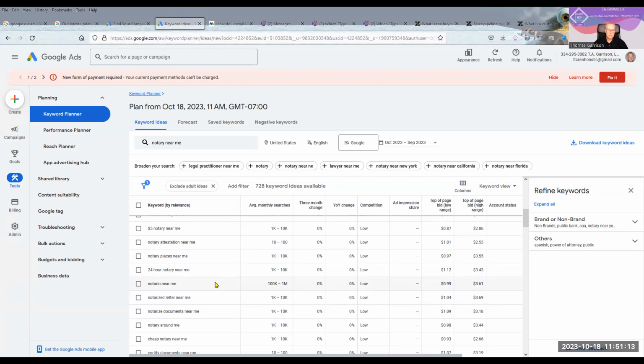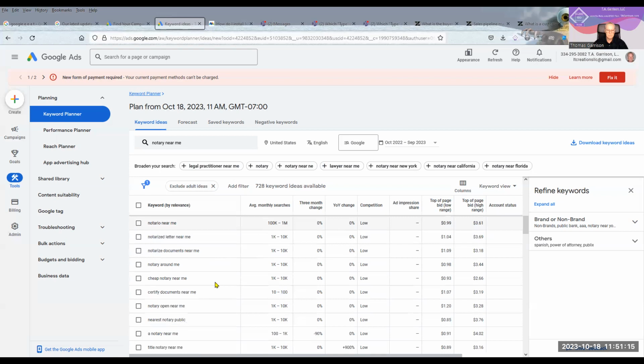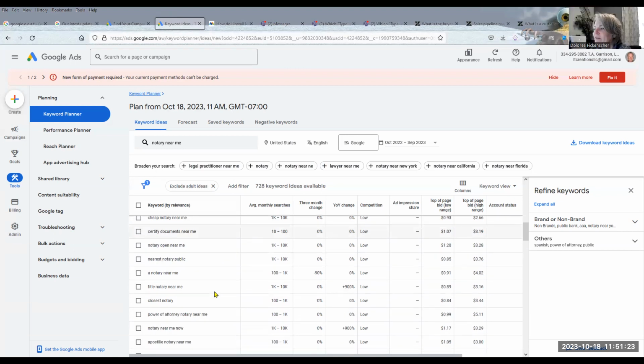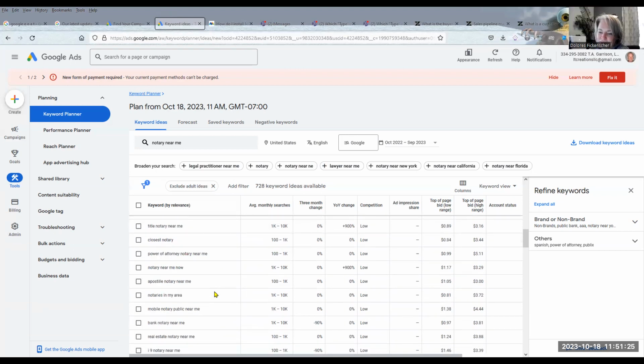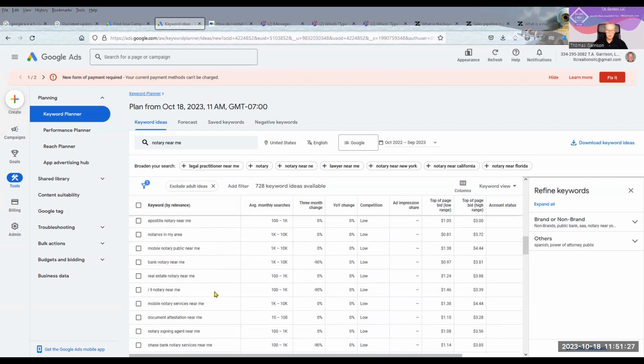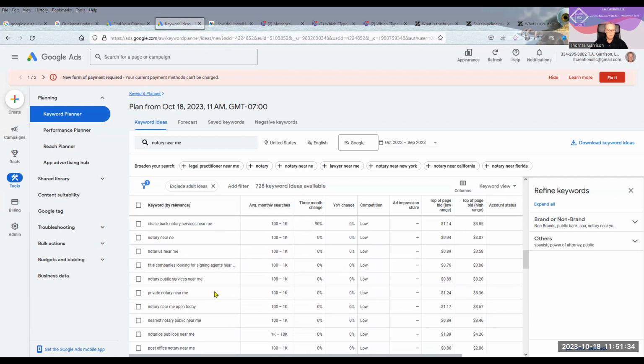Gotcha. Notario doesn't mean notary. It's just a related term, but it has a significant difference. So you would not want that. Depending on the country you're in, correct. Right. But these are all done in the US. I'm not searching outside of the US. That's why I thought it was pretty good.